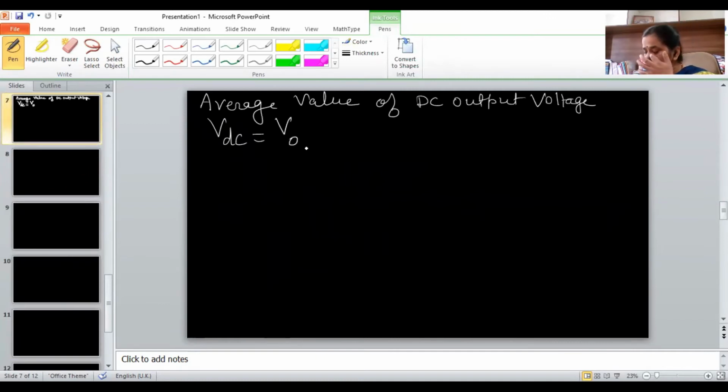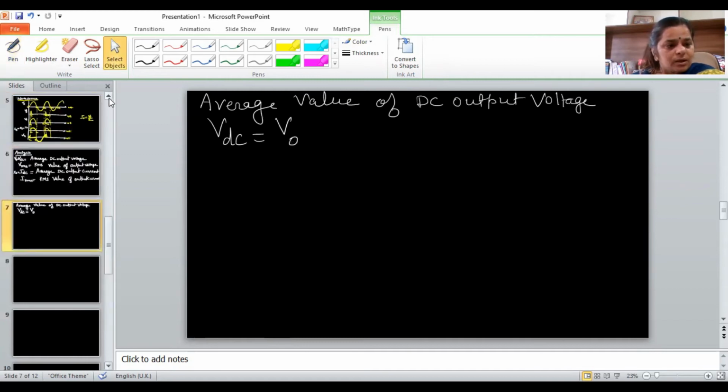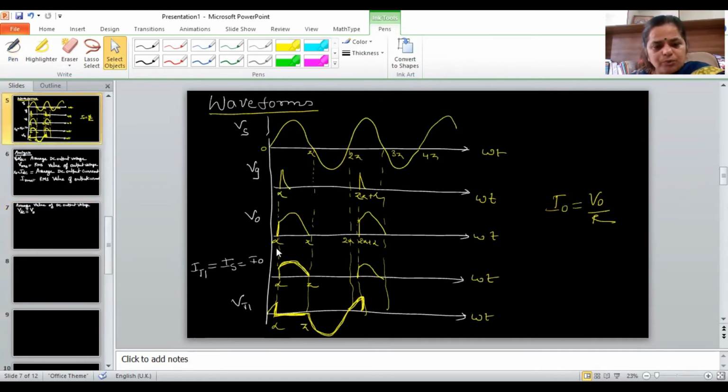As you know, to calculate the average value of output voltage, we have to integrate the voltage waveform between alpha to pi. Basically, to calculate the average value, we have to integrate the function for one complete cycle.